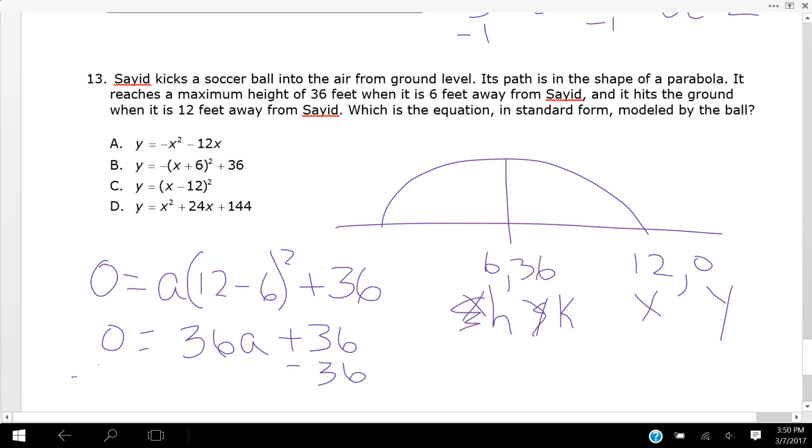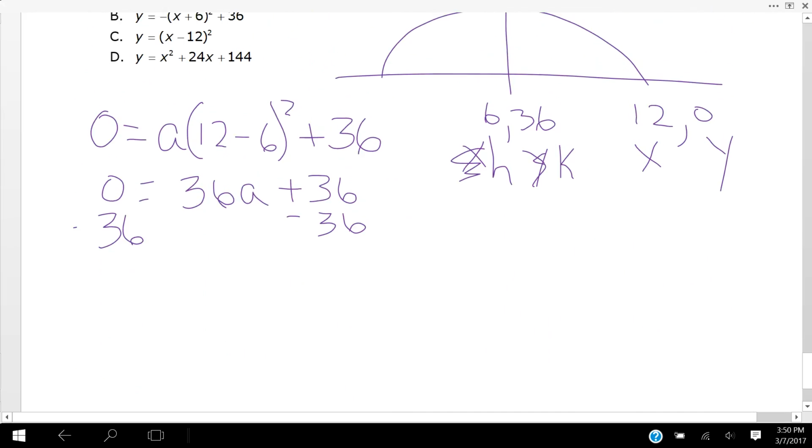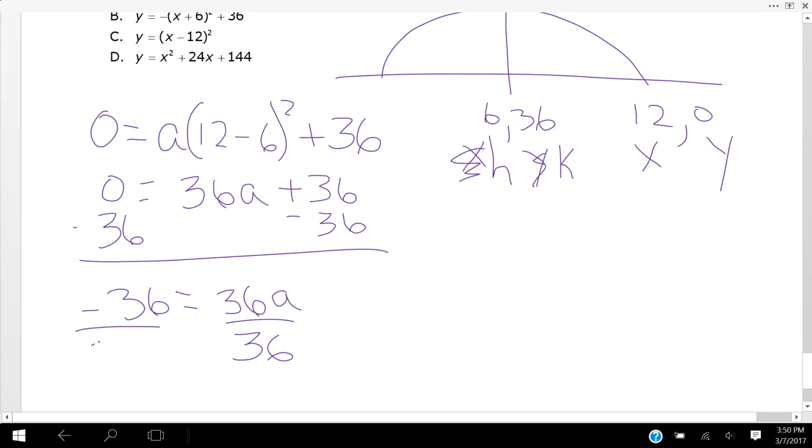Subtract 36 from both sides. I end up with negative 36 equals 36a. I divide by 36. I end up with a equals -1.